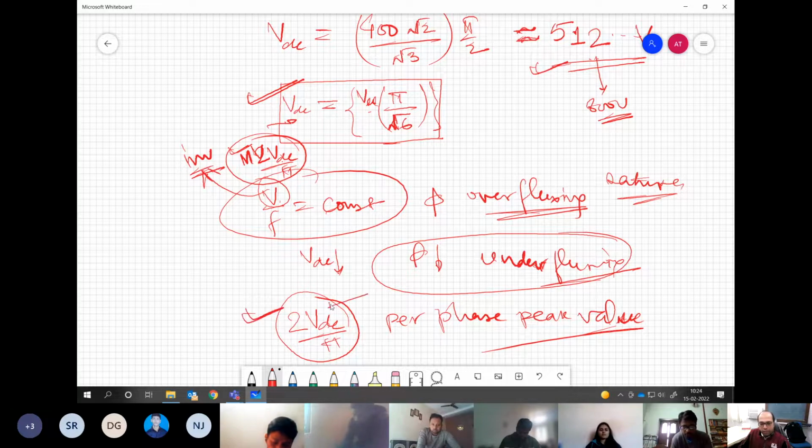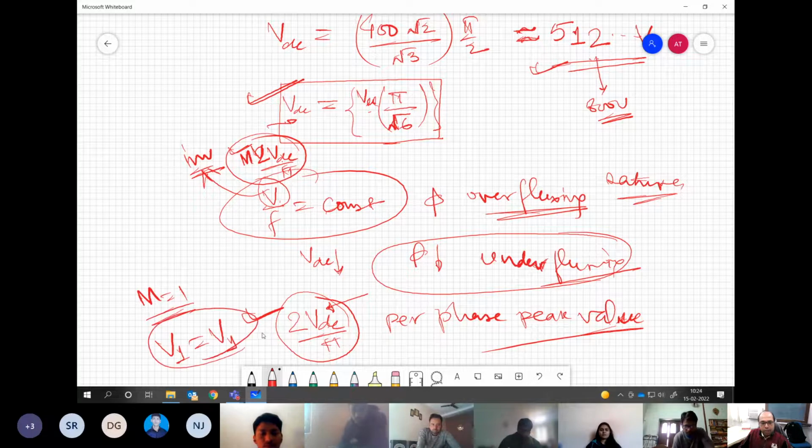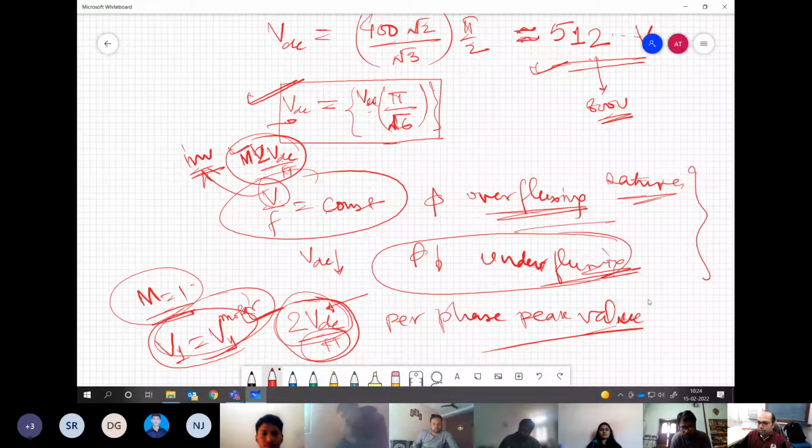So my DC bus voltage should be designed such that when I reach modulation index equal to 1, my voltage is equal to the rated fundamental voltage of the machine. This is the nameplate rating. The motor is telling what it should be when you reach modulation index 1. To avoid any of these situations, we should go with a proper design of the DC bus voltage. Am I clear?